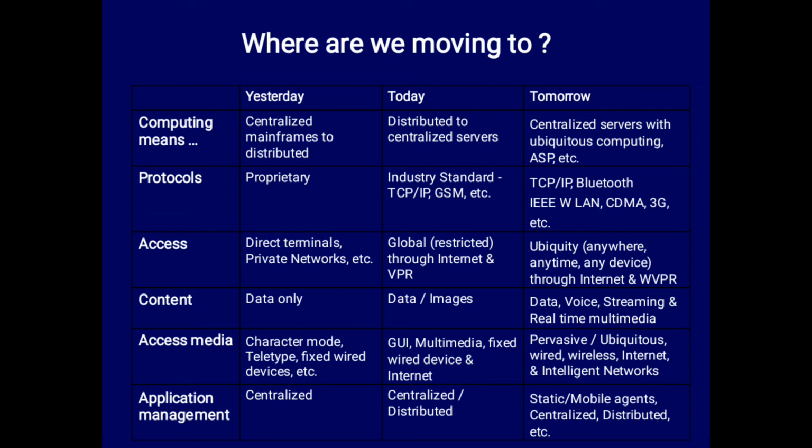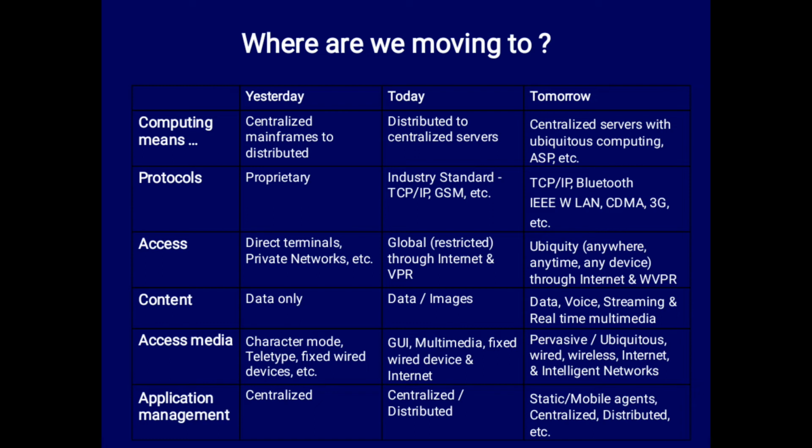Access: there were private networks and direct terminals. Today we are able to use global access through the internet and VPN. Tomorrow it will be ubiquity, anywhere, anytime, any device, through internet and wireless VPN.